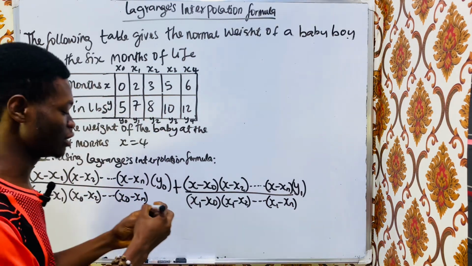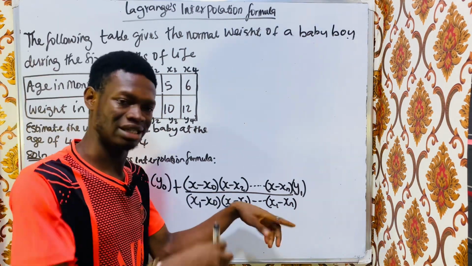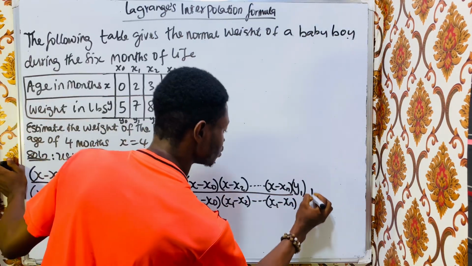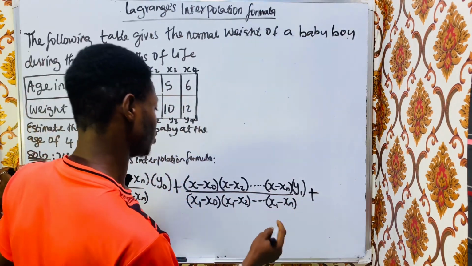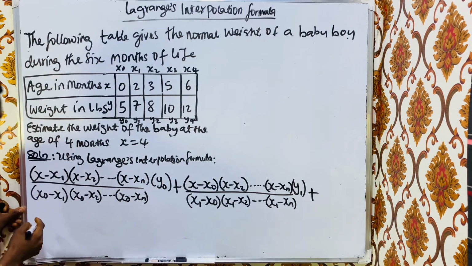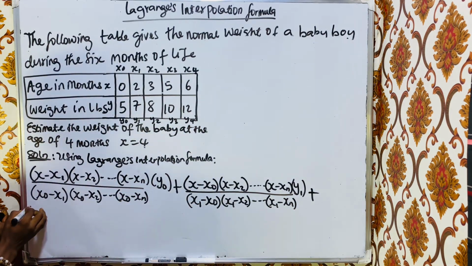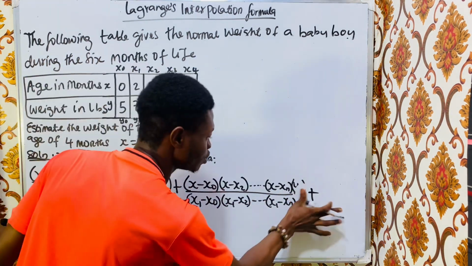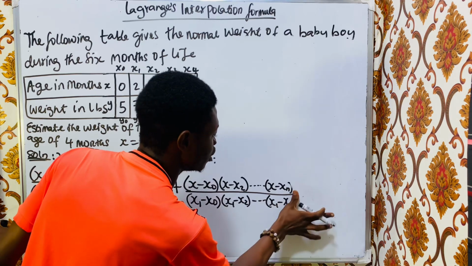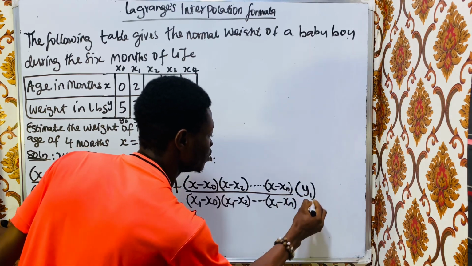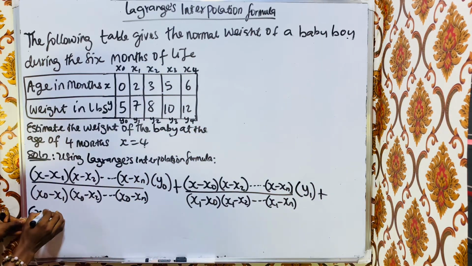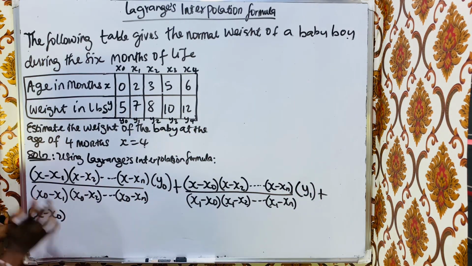So it depends. If you still want x1 minus x3, you can write it. Then plus, we are now on the other one. Our next y will be y2. So we are going to have x minus x naught.